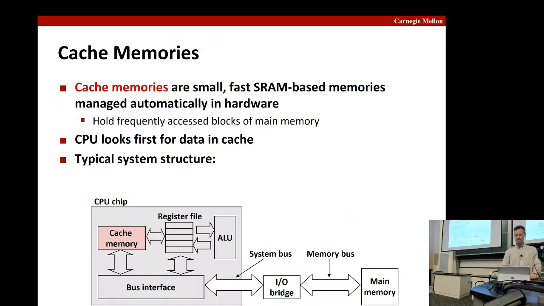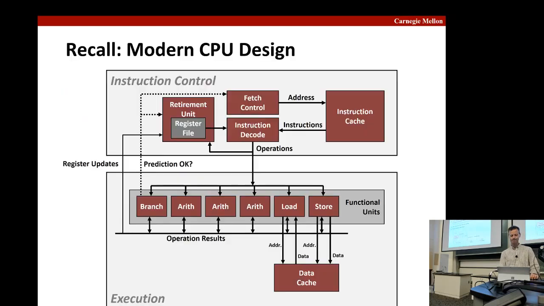Okay, so where does it fit in the system? The cache memories are on chip. There are often multiple levels of them. They can be accessed directly by the registers, and through the bus interface they have access to write and read to the memory. We covered that last time.